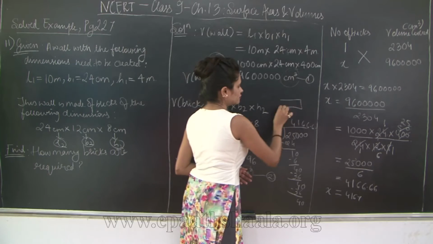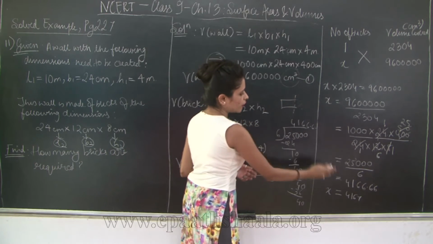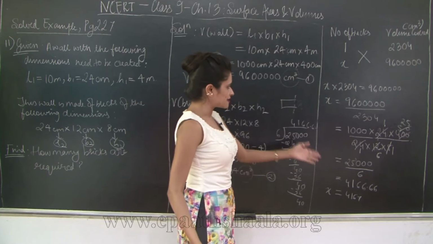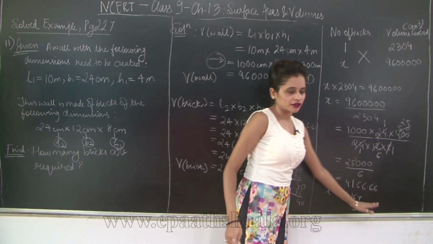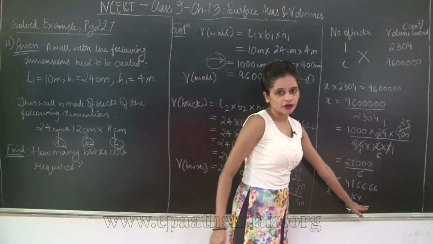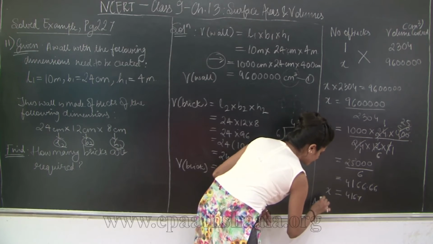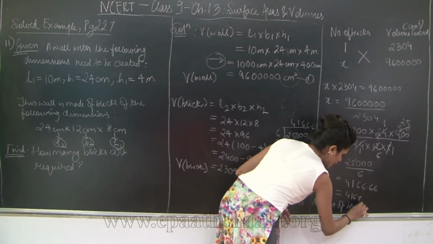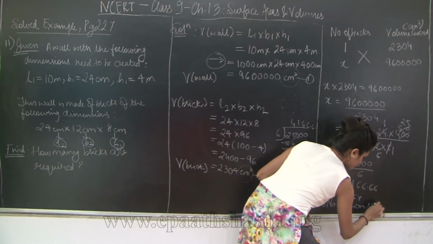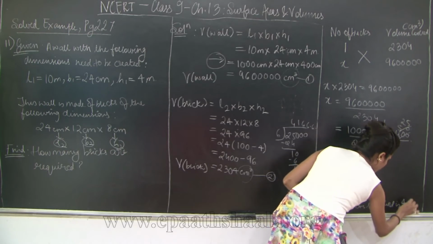Suppose this is your brick, you can't just cut this part out to get 4166.66. So you either take 4166 or you take 4167. So that will give you the exact number of bricks. So this is an approximate number that we are writing. So I'll say number of bricks required is 4167.